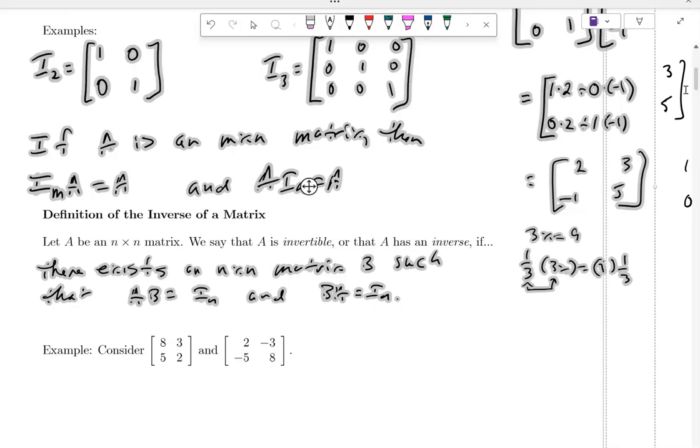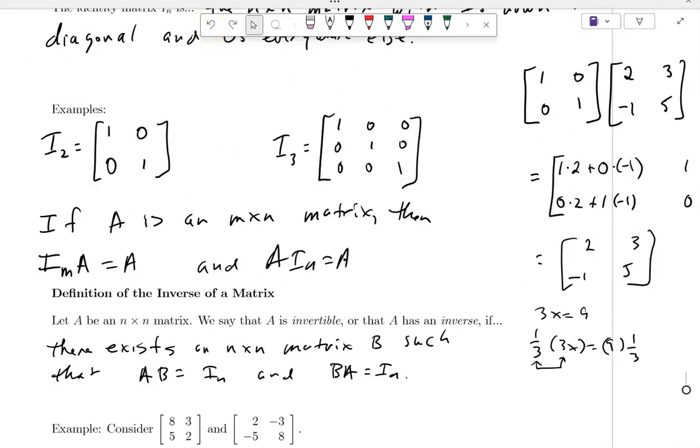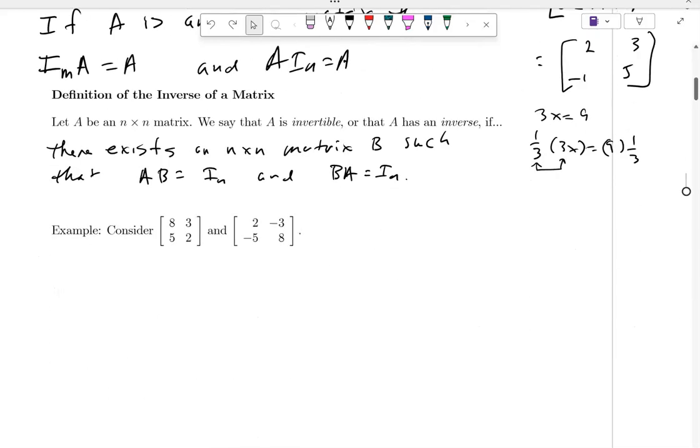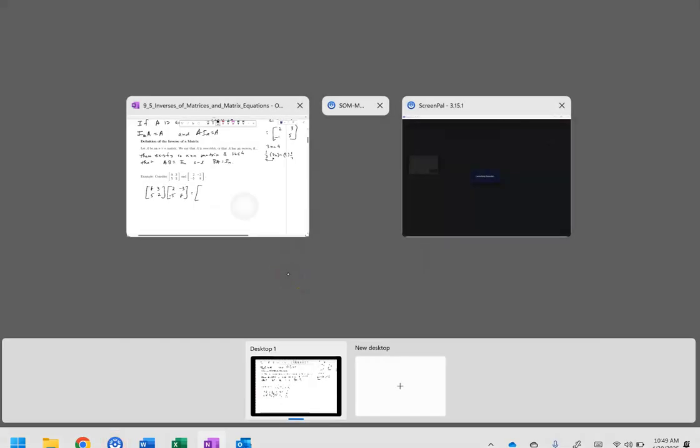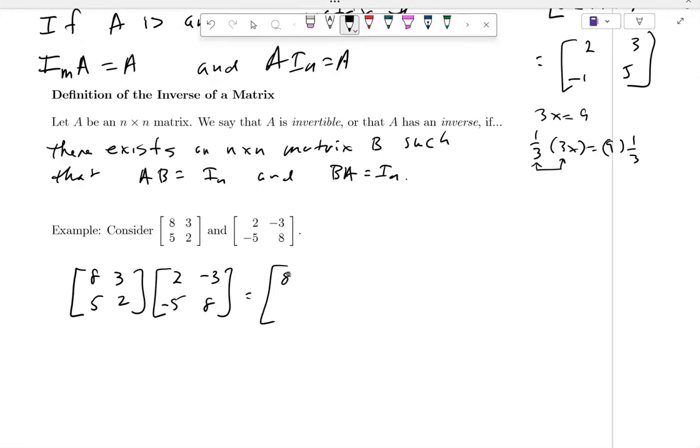So let's look at an example here, and then we'll do more of this next time. Let's multiply these two matrices together. I'm going to do it relatively quickly since we've got about 1 minute here. We're going to do 8 times 2 plus 3 times negative 5.